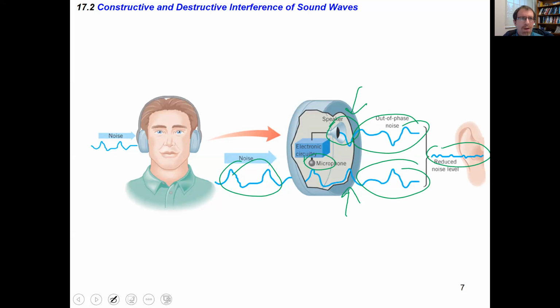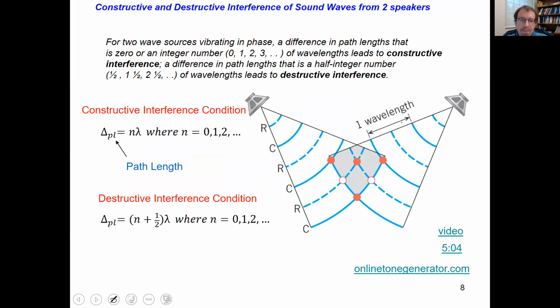So what's going on there? One sound source may be producing a high pressure spike, maybe right there. And the other sound source is producing a low pressure spike right there. And so when these two add together, the high pressure and low pressure cancel out, and our pressure is just right at our median level, which doesn't excite our eardrum. Cool. All right.